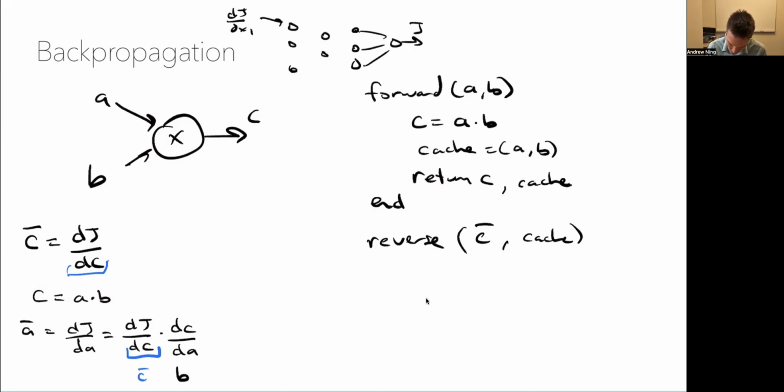In this reverse function, A bar is equal to C bar times B. And if I do that same derivation, I'll find that B bar is C bar times A.